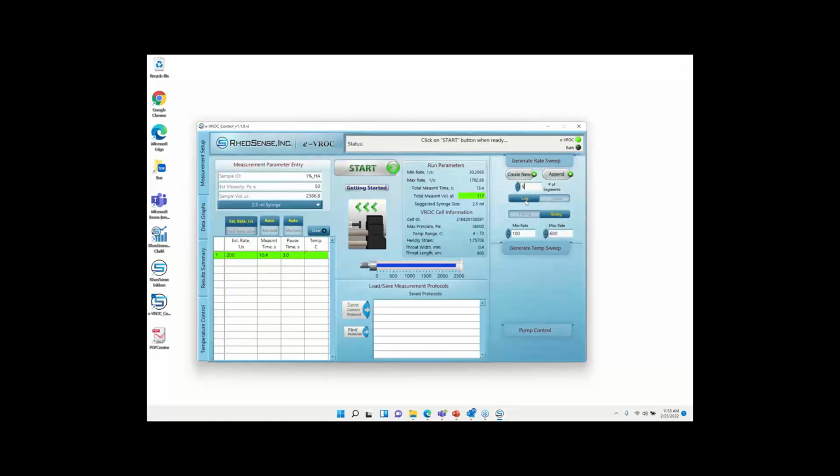You can do this in a log, stepping between 100 and 600 on a log scale, or linear, and you can do either ascending or descending, so low to high or high to low rates. I'm going to create a new sweep, and you can see when I did that, it populated the rates between 100 and 600. We've already primed the chip, and we already have the piston in contact with the block. So now we're going to go ahead and start the step.